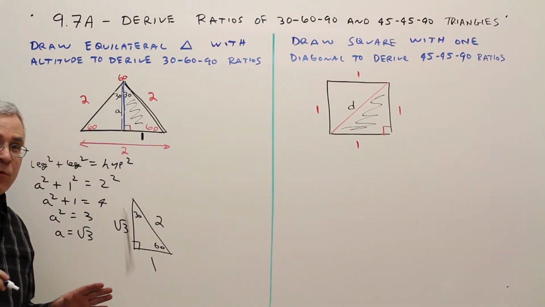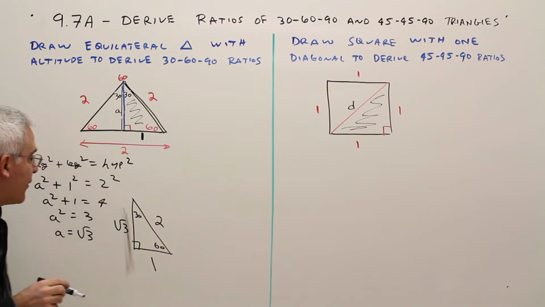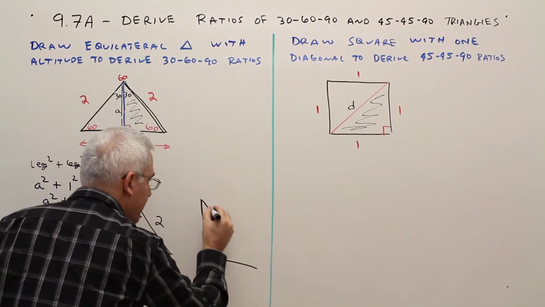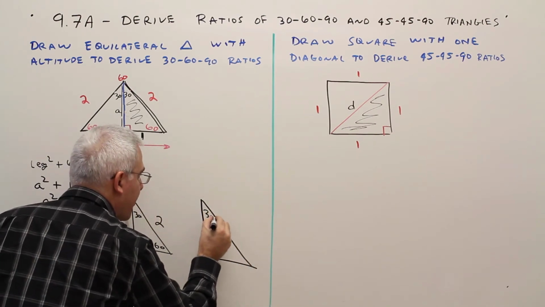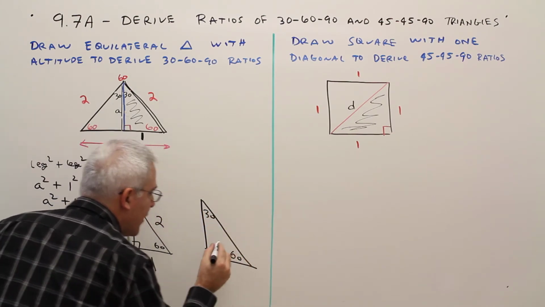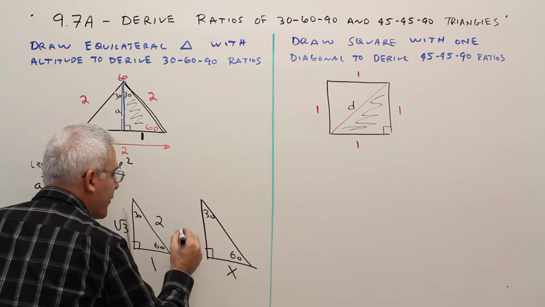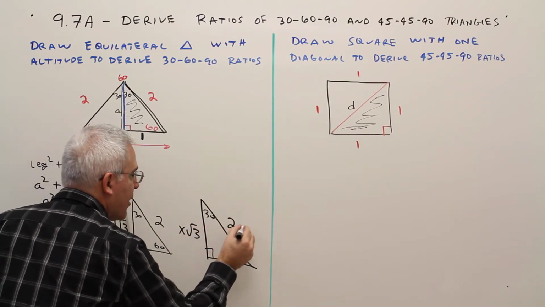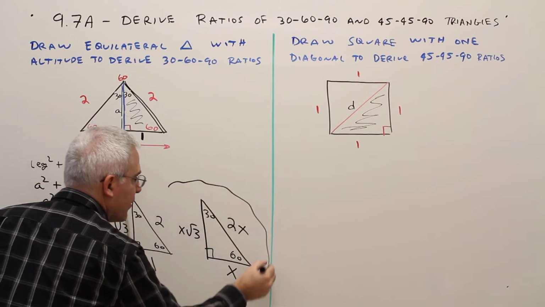Now, it makes it easier if we use a variable x, so I'm going to rewrite it this way. 30, 60, 90, x, x radical 3, and 2x.